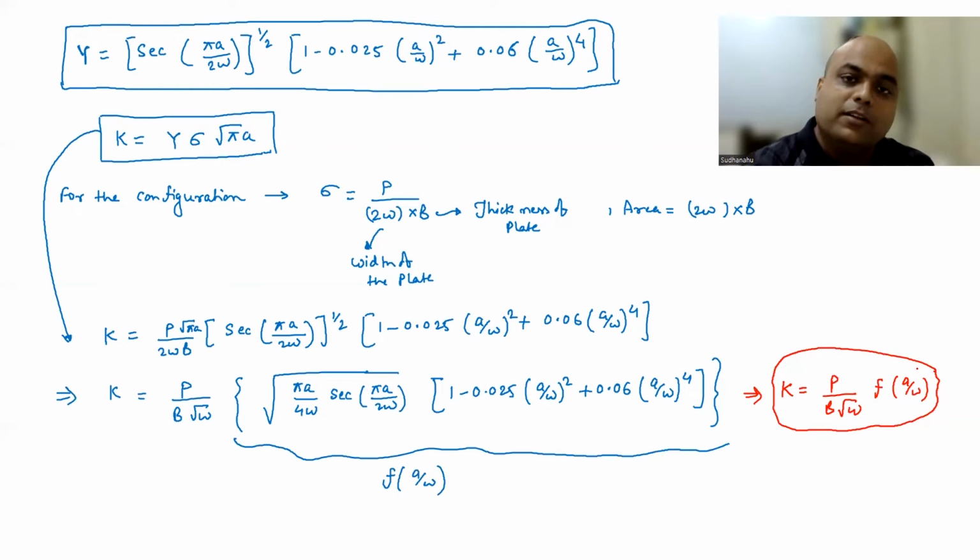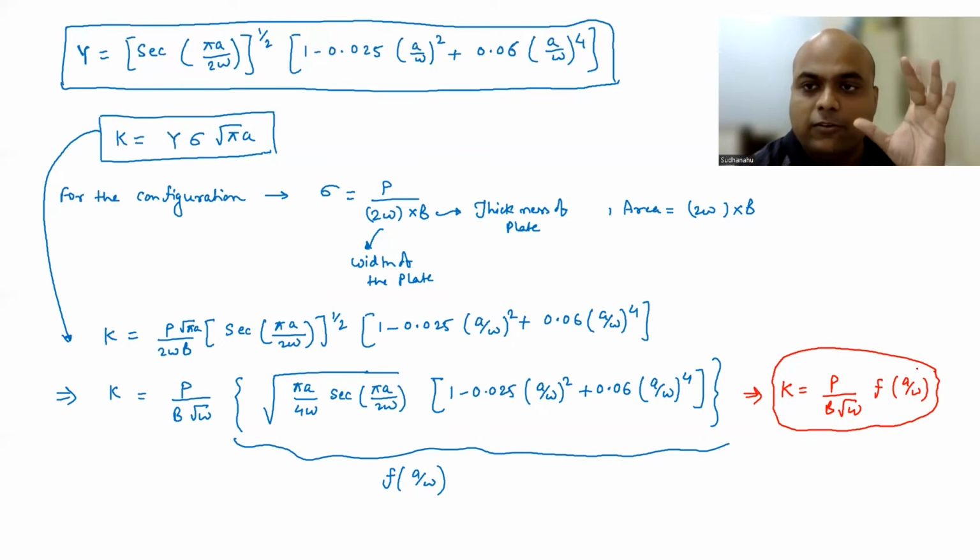So we know the stress distribution in front of the crack tip. Now what we have to do for different geometries is have the expression for F of A by W, and that is what I'm going to write now for different configurations. You will also see what different geometries we use in fracture mechanics. I'm just going to give you two or three important ones.